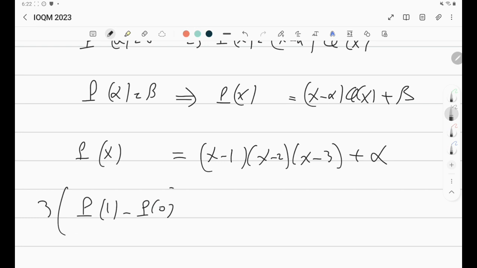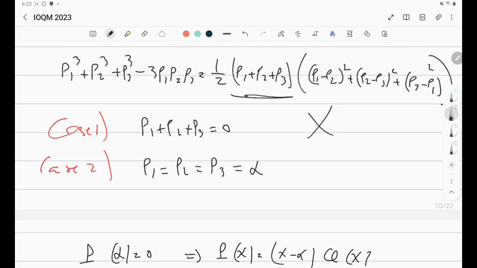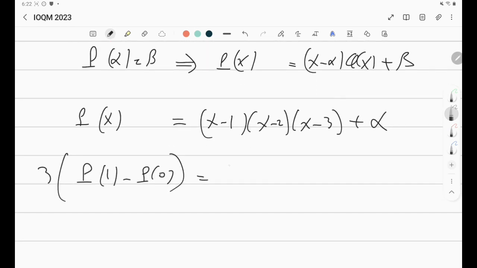P of 1 minus 3 times this. So let's simply do that. Of course, P of 1 itself is alpha. You can plug in 1 here. Or remember that we just said that these guys are alpha. So this is 3 alpha minus P of 0. What is P of 0? Plug it here. So negative 1, negative 2, negative 3. That is negative 6.